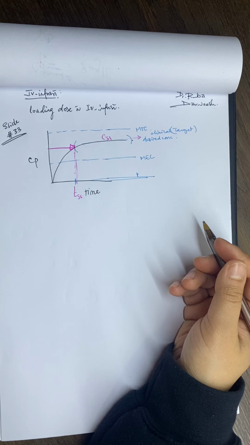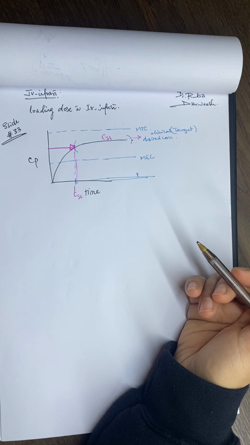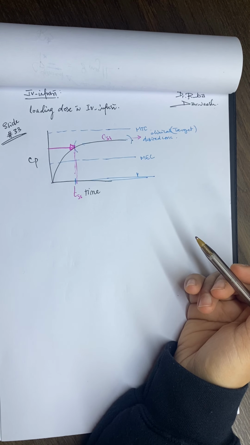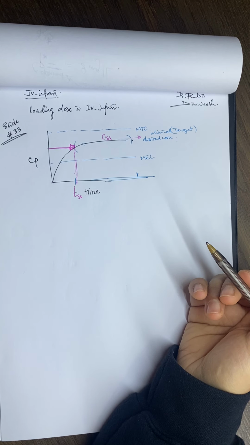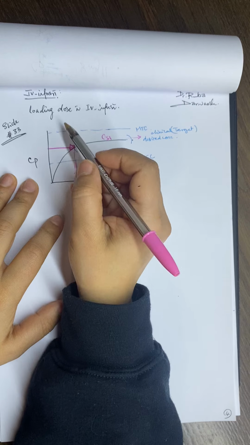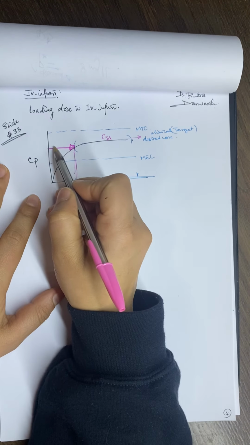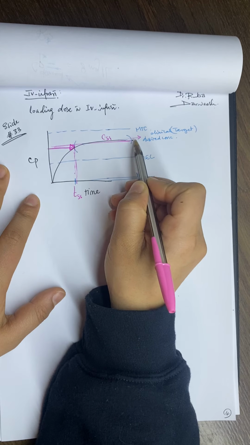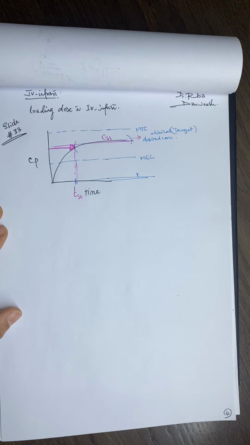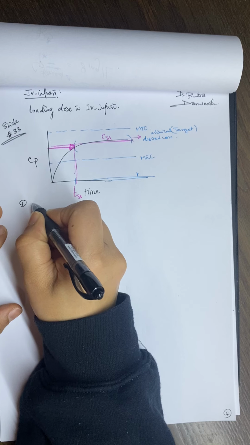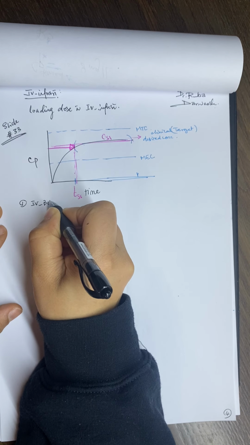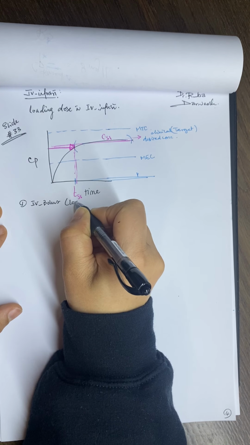So we need a solution to go around it and to have the desired concentration directly. The target of whatever we will do right now is to have the steady state concentration directly.